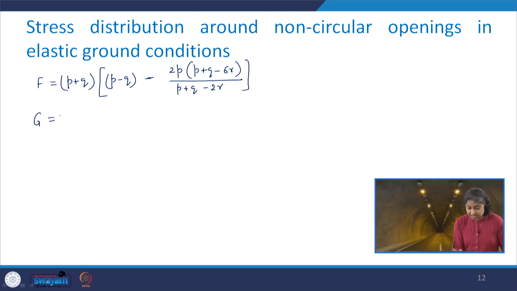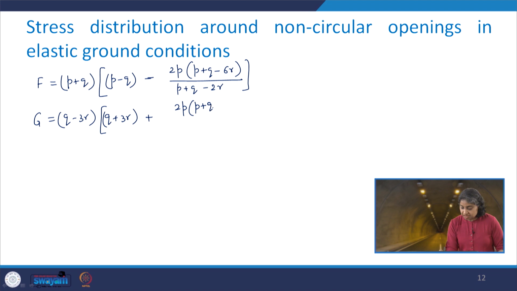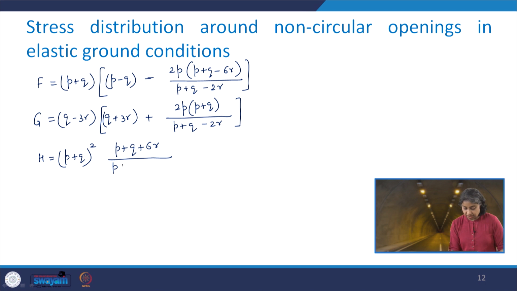Then G is equal to Q minus 3R into Q plus 3R plus 2P into P plus Q upon P plus Q minus 2R. H will be equal to P plus Q whole square, that's P plus Q plus 6R divided by P plus Q plus 2R. So, this is how all these constants or parameters A to H are obtained.